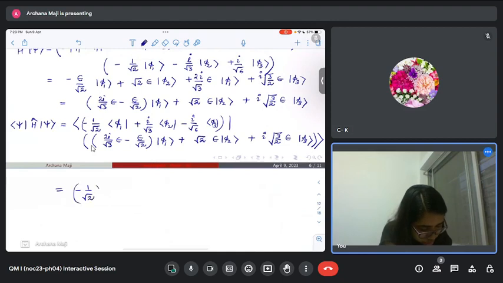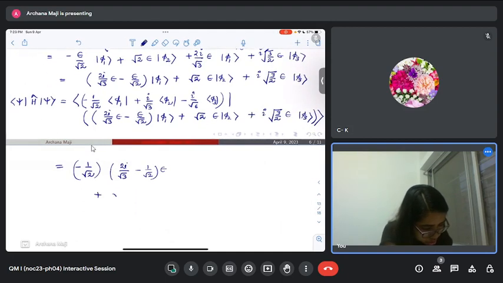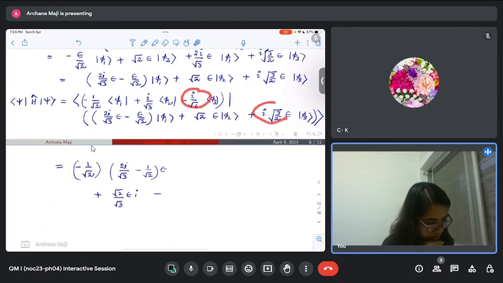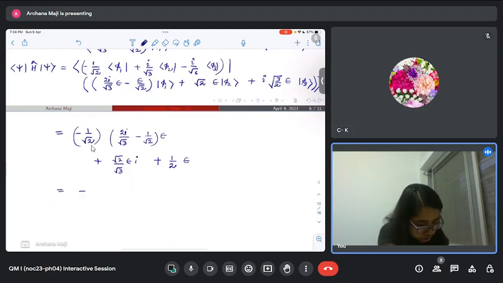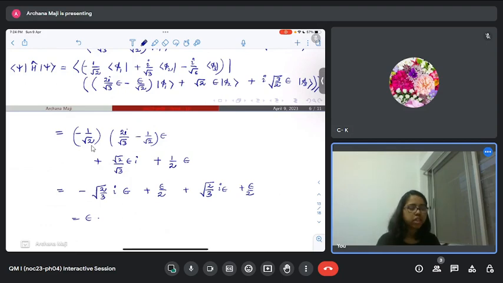Minus 1 over square root 2, 2i over square root 3 minus 1 over square root 2 epsilon plus square root 2 over square root 3 epsilon i, and the last term is this multiplying this, so i squared is minus 1, and then there is a minus, so plus half epsilon. So this is equal to minus square root 2/3 i epsilon plus epsilon by 2 plus square root 2/3 i epsilon plus epsilon by 2, which gives epsilon. Clear? Any doubt?